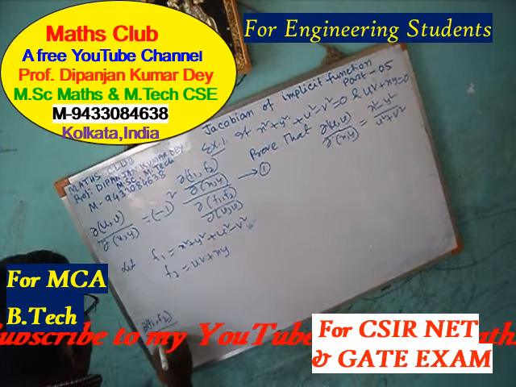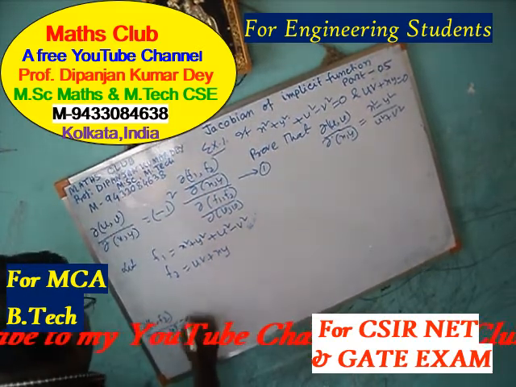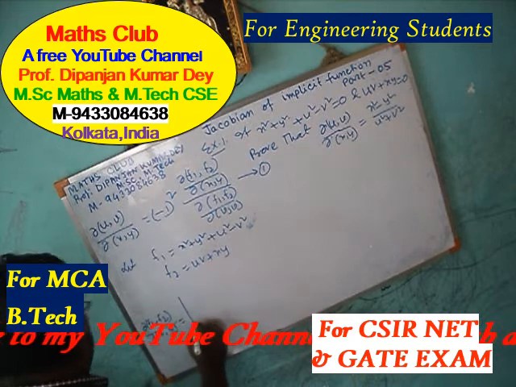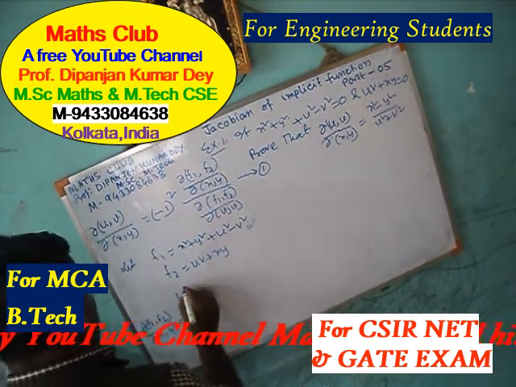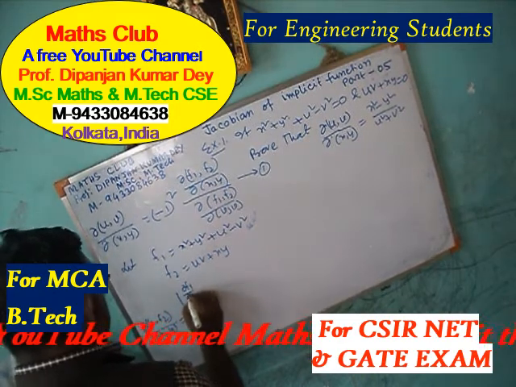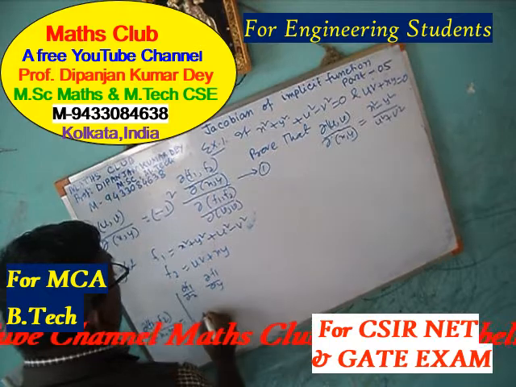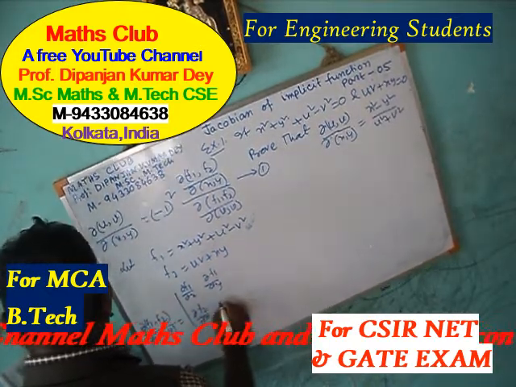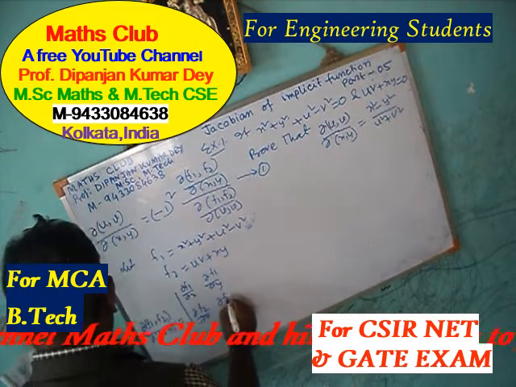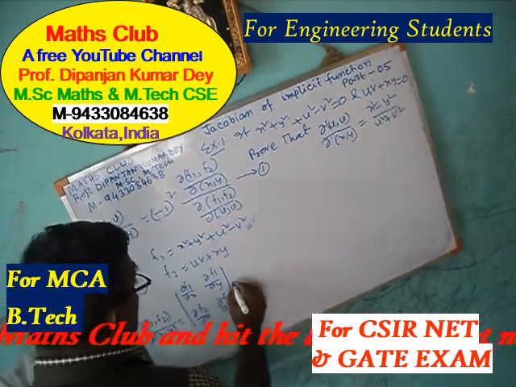This is the determinant of del f1 by del x, del f1 by del y, del f2 by del x, del f2 by del y. So this I am finding.